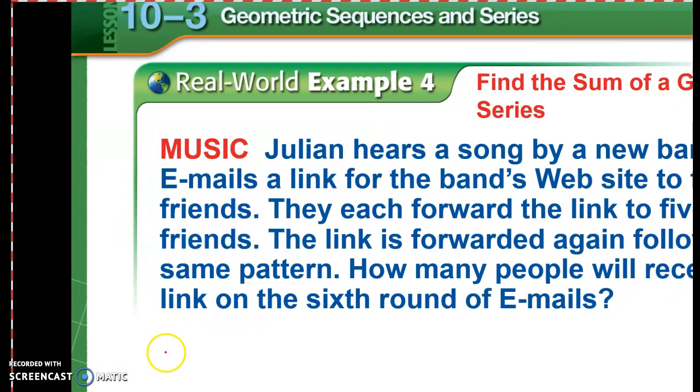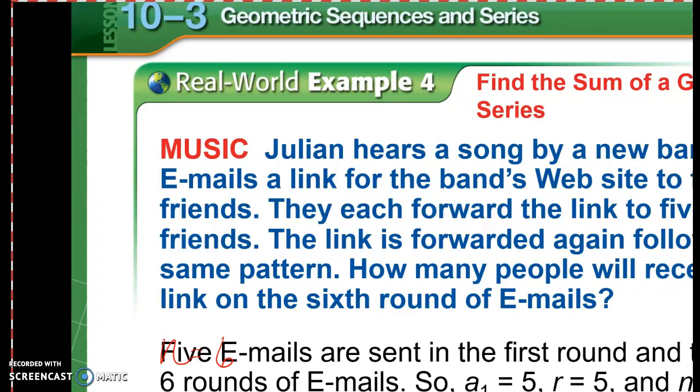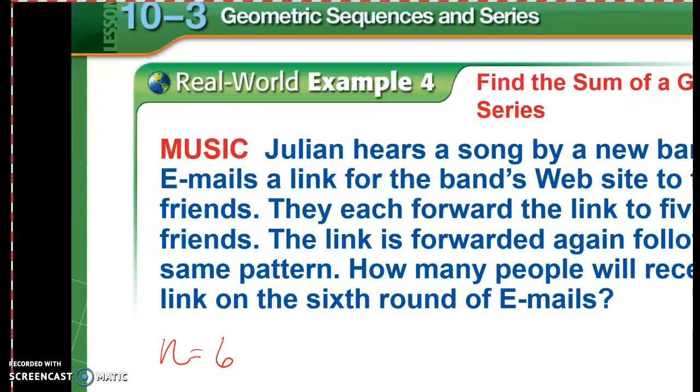So we're adding, my n is 6. I'm adding up all of the people in the first 6. We started with 5 people, and we are going up 5 at a time. So every round is 5 more, or 5 times those 5.